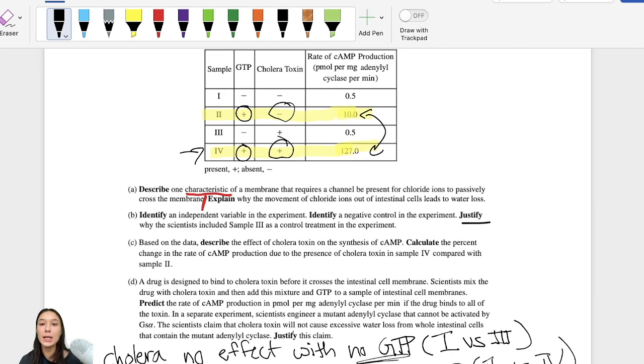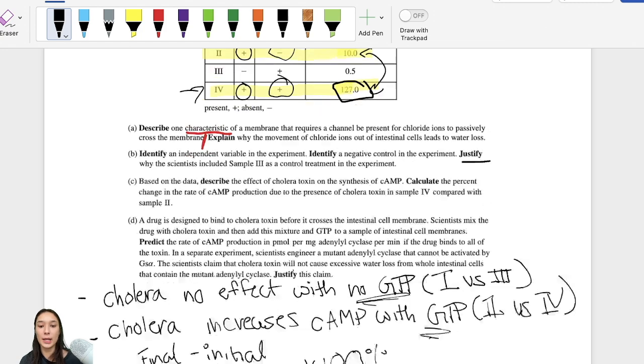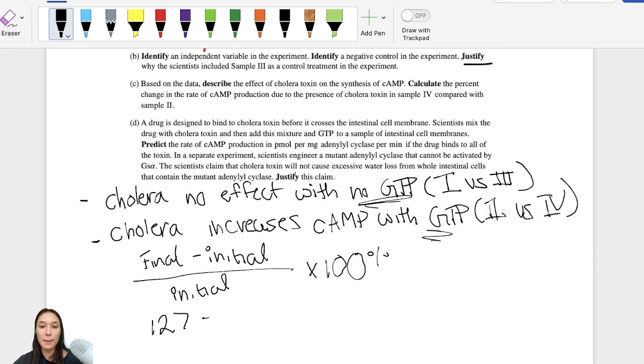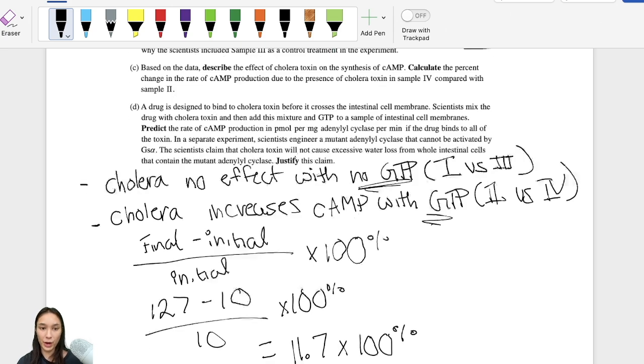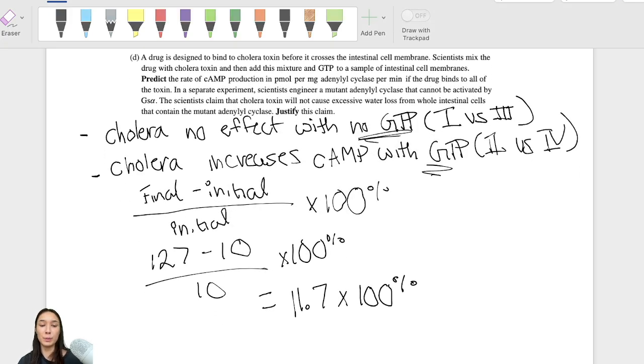So in this case, our final value is 127 and our initial value is 10. 127 minus 10 over 10 times 100%. So this, I believe, equals 11.7 times 100%. And so your final answer should be 1,170%.